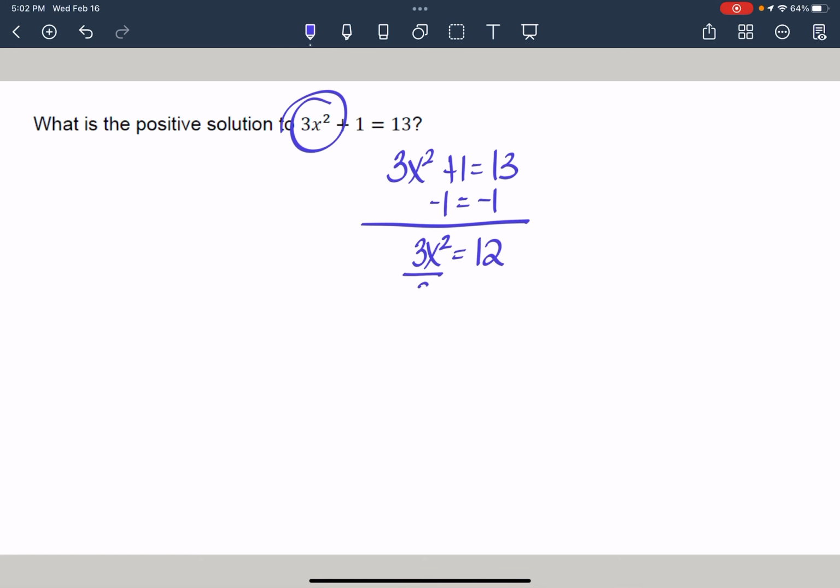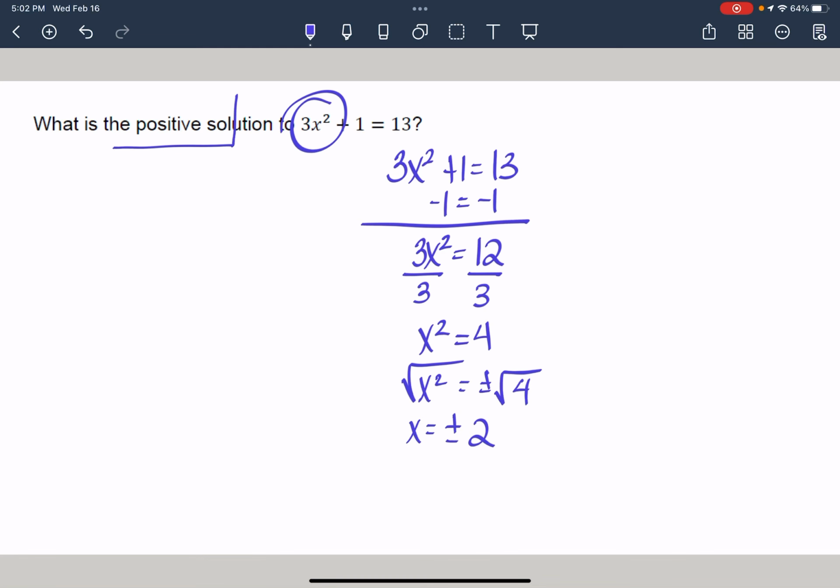Now I just need to divide by 3 to get that x squared by itself. So that gives me x squared equals 4. Now if I take the square root of both sides, this gives me x equals plus or minus 2. Since this question is asking me for the positive solution, I only need to give the positive solution, which is x equals 2.